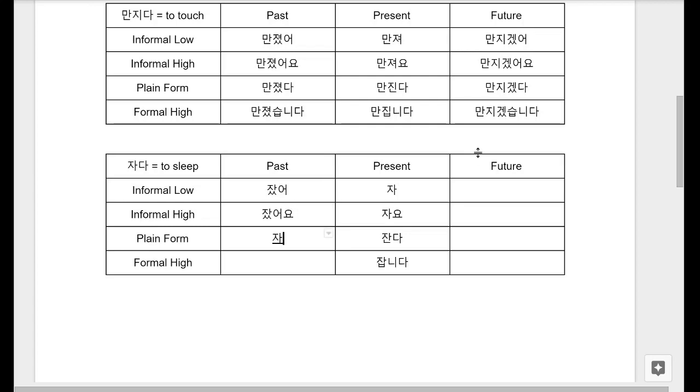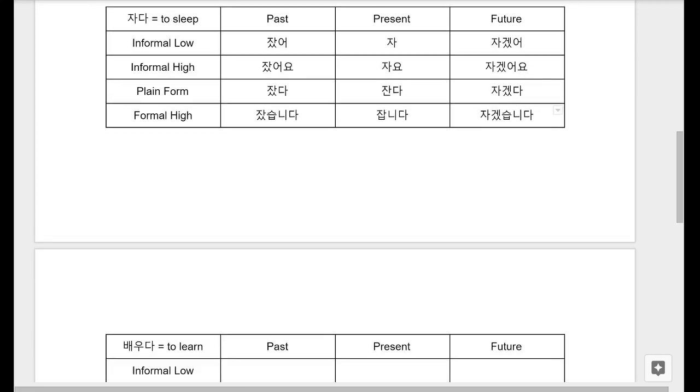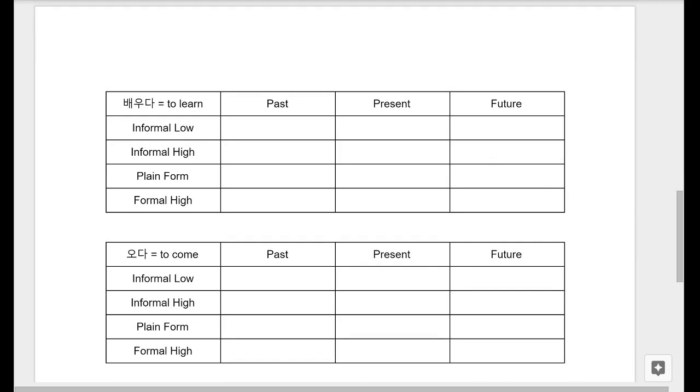The plain form would be the exact same, but with ta at the end, and the formal high would be the exact same, but with 씁니다 at the end. The future tense is all the exact same as we saw up here, just with a different ending. I would have 자겠어, 자겠어요, 자겠다, and 자겠습니다.